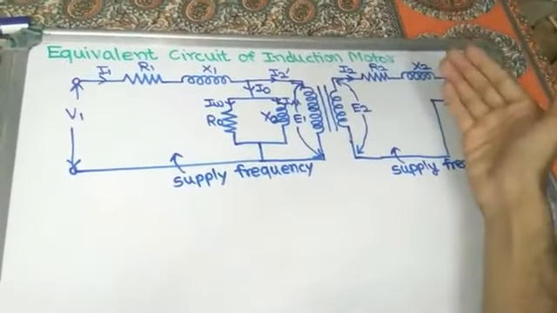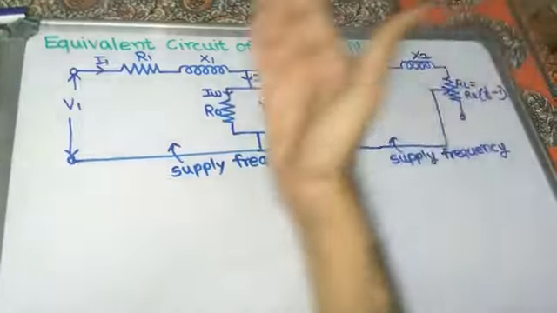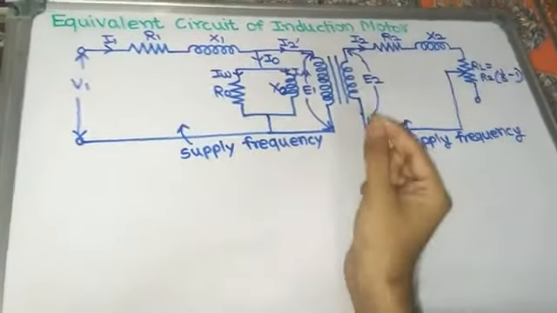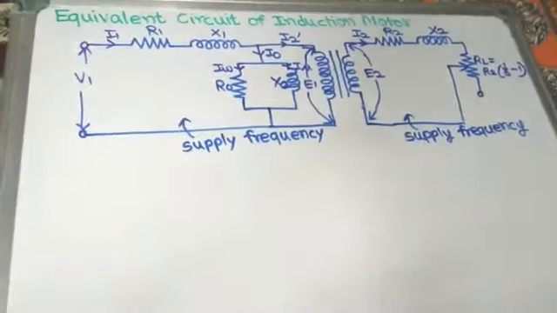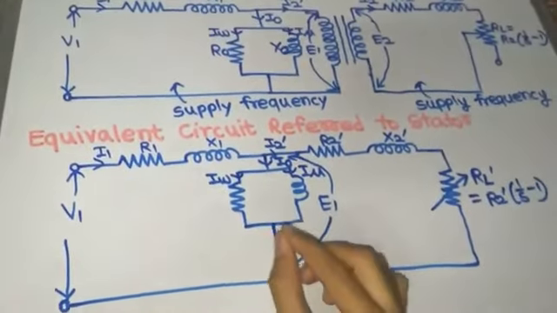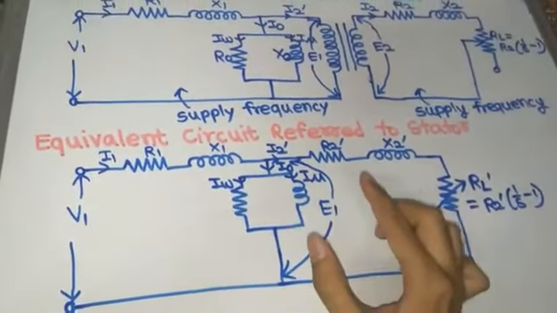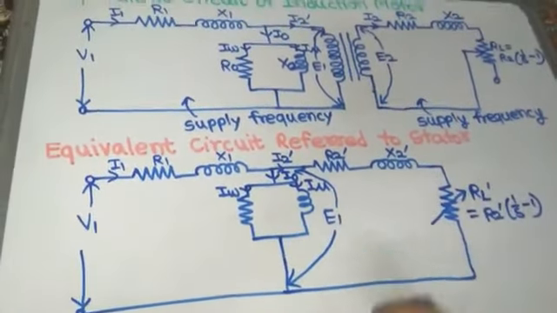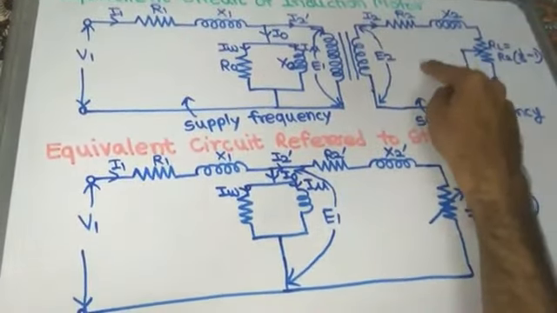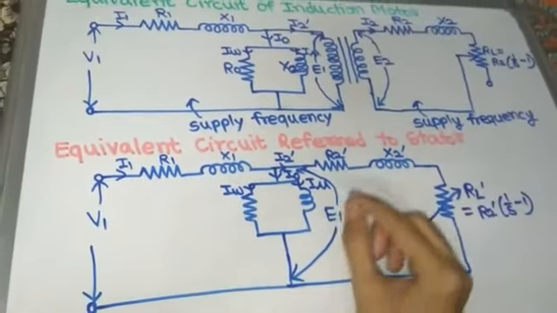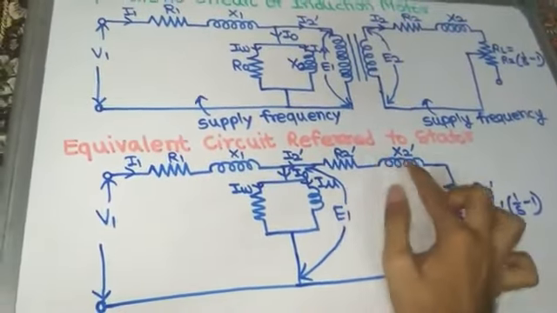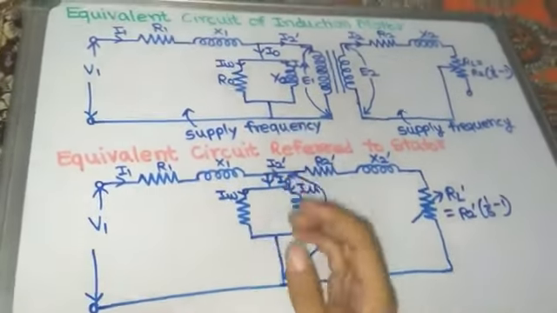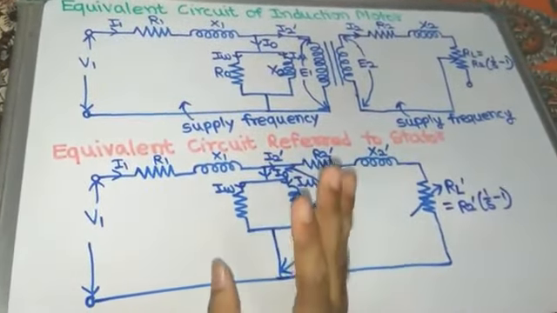So this is the equivalent circuit of the three-phase induction motor referred to the stator side, meaning the primary side. All the rotor side parameters are shifted to the primary side as R2 dash, X2 dash and RL dash, and all the other parameters remain the same in the primary winding.